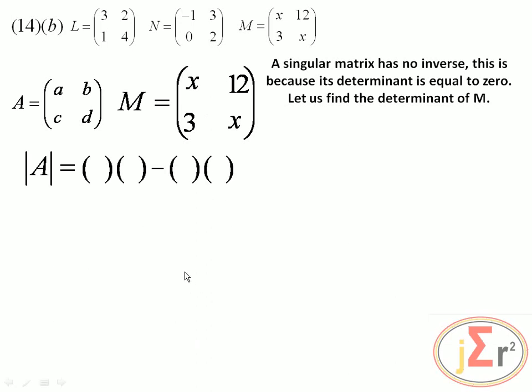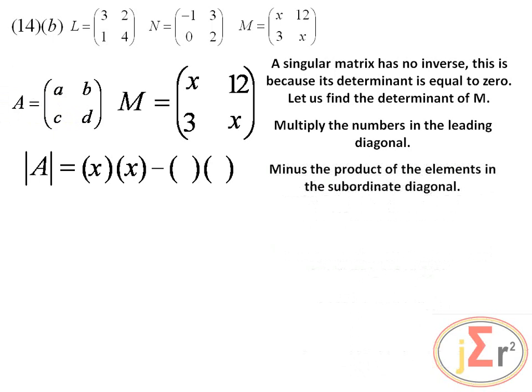So the determinant is given by multiplying the numbers in the leading diagonal. So those two, leading diagonal, minus the product of the elements in the subordinate diagonal. Therefore, we have x multiplied by x is x squared minus 36.